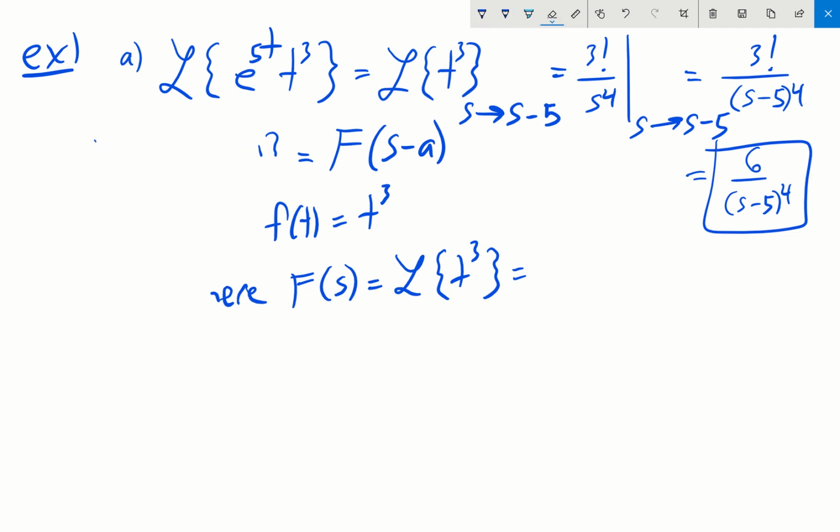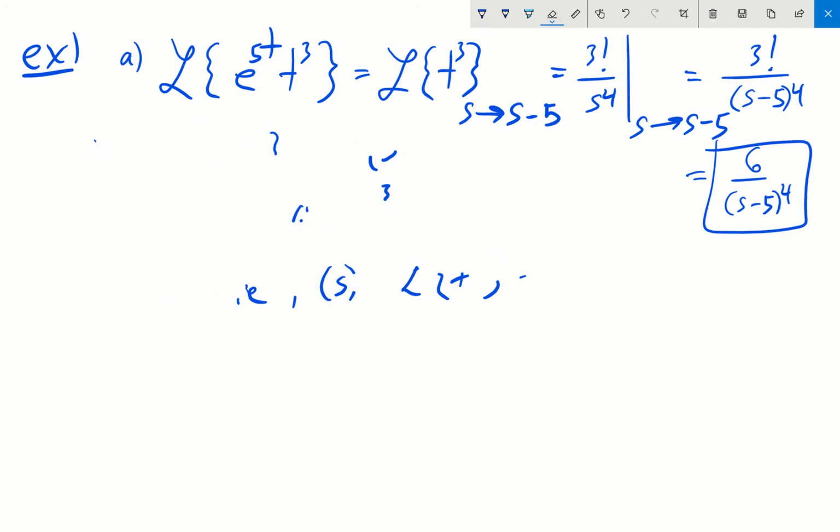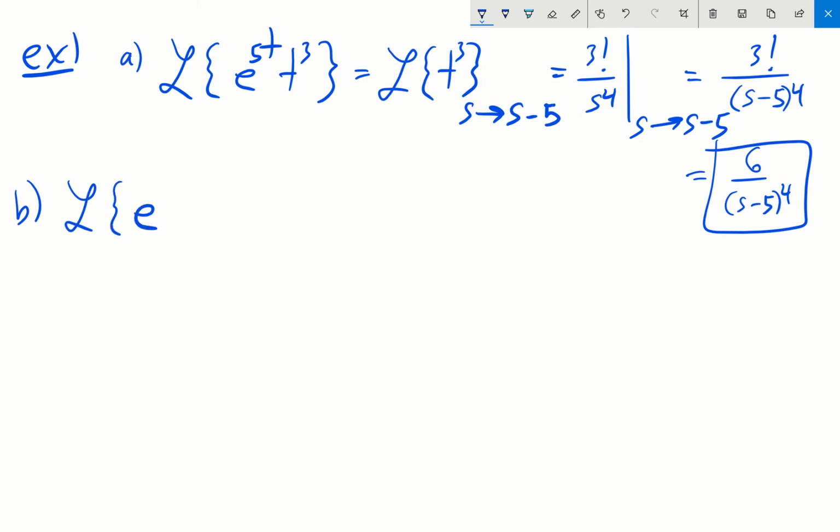Let's do another one. In part B, let's see if we can find the Laplace transform of e to the negative 2t cosine of 4t. Again, here a, the coefficient of the exponent t, is negative 2.